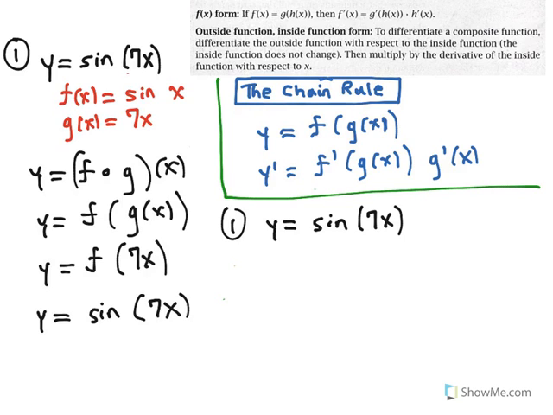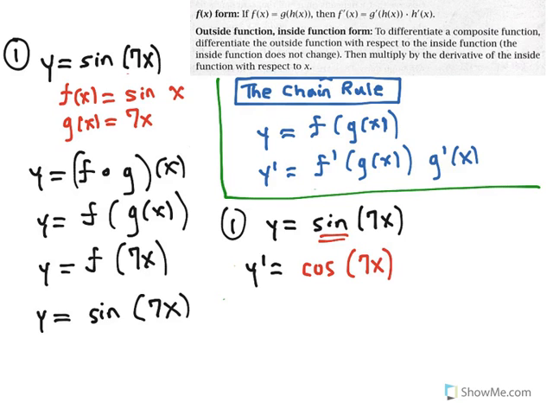So number 1, we have y is equal to sine of 7x. We know that the inside function is 7x and the outside function is sine x. So using the chain rule, the derivative of y is the derivative of the outside function, and we learned that the derivative of the sine function is cosine. So we're going to have cosine of 7x.